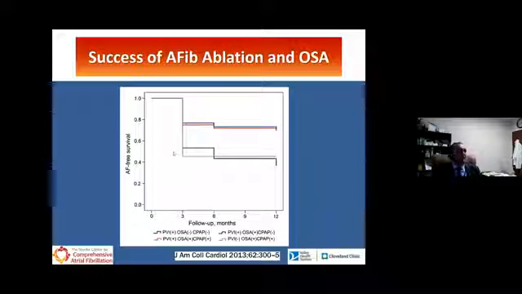However, if you look at the other two lines here, usually in the 40s to 50s, you see that people who have a pulmonary vein isolation or an atrial fibrillation ablation, have sleep apnea, and are not treating it, have the same results as people who do not have an atrial fibrillation ablation but are treating their sleep apnea.